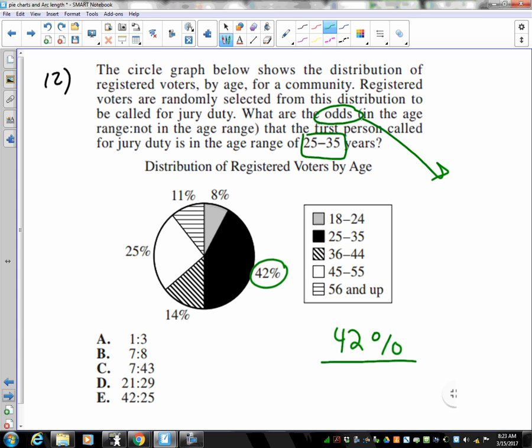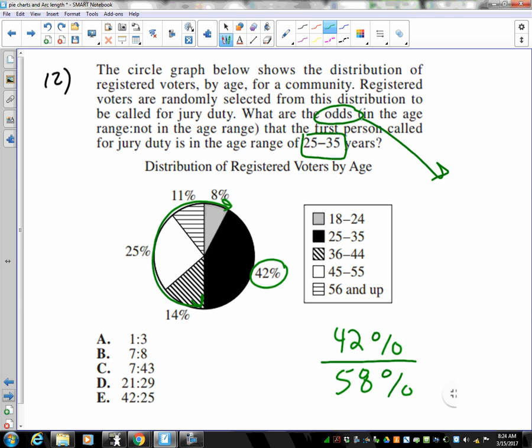So you do the ones that are to the ones that are not. And so the ones that are not here would be the rest of this. And instead of adding up those percentages, you could just say, well, it's the ones that are not 42%. So you could say 100 minus 42, and then that would be 58. So we're just looking at the ratio of 42 to 58 here, I think.